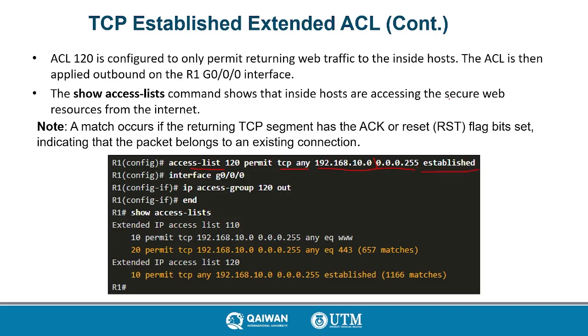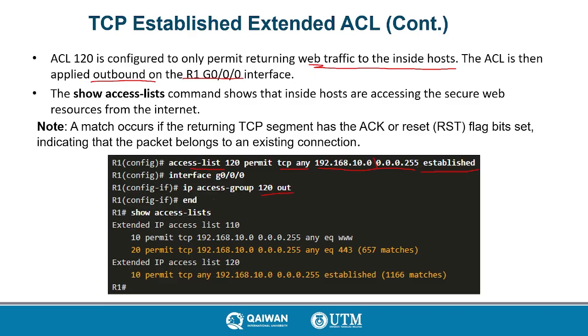What will this do? It will permit returning web traffic to the inside host. And then we have the outbound on the interface GigabitEthernet 0/0, ip access-group 120 out, and end.